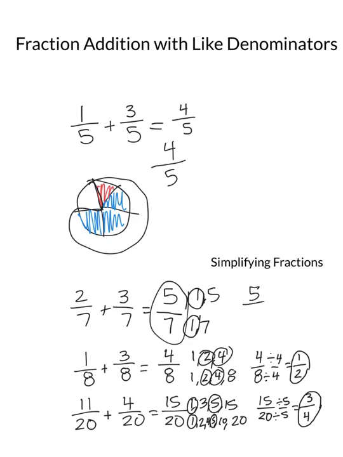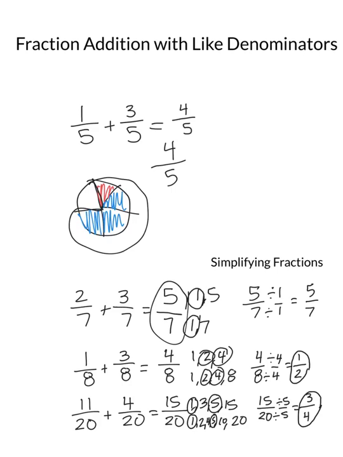So I have 5/7, I divide the top by 1, I divide the bottom by 1. 5 divided by 1 is 5, 7 divided by 1 is 7. So my fraction didn't change at all. So this is as simplified as it can be, 5/7. I cannot simplify it anymore. 5/7 is my final answer.